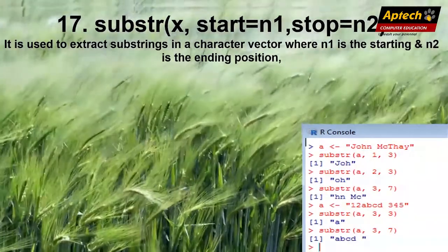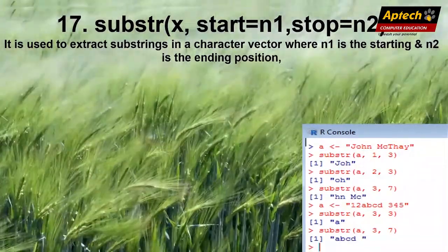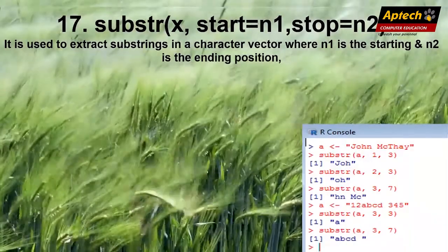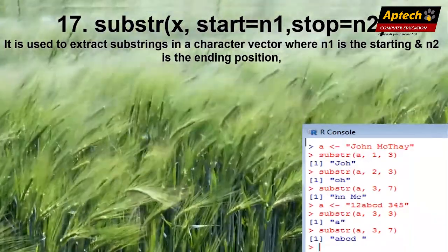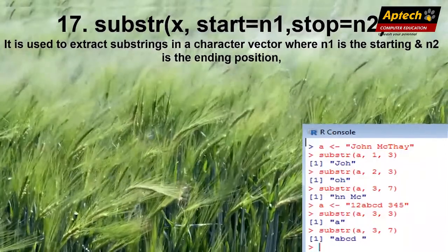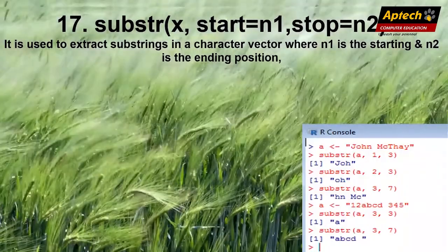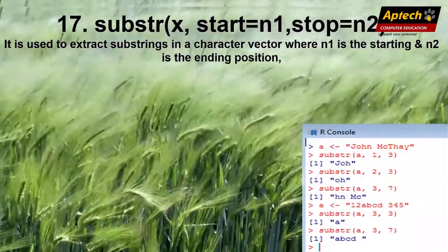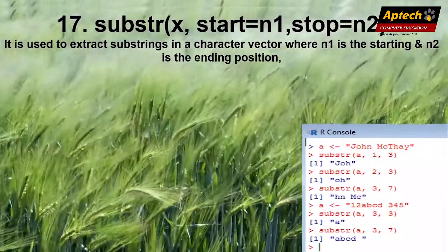The next function is the substr function. This is again a character function which is used to extract a particular set of characters from a string, from a defined position to a defined position. See the example.